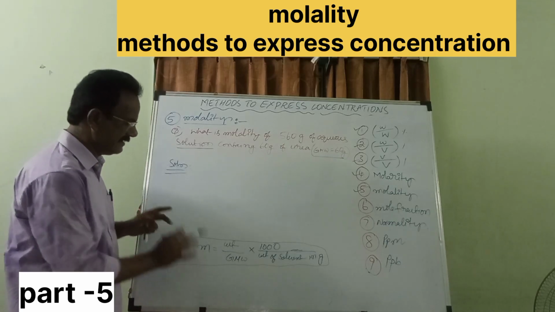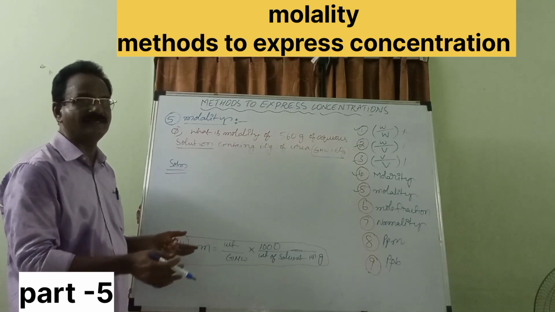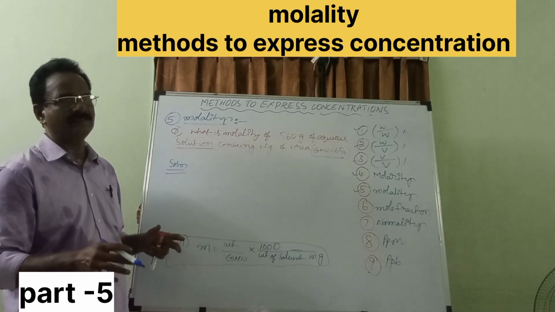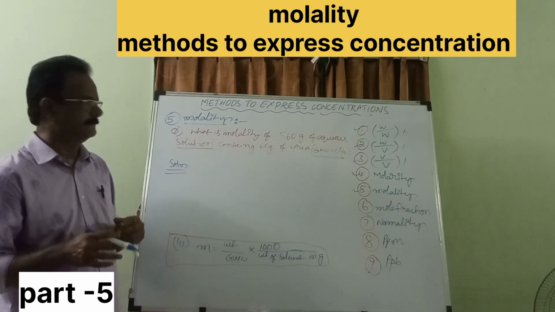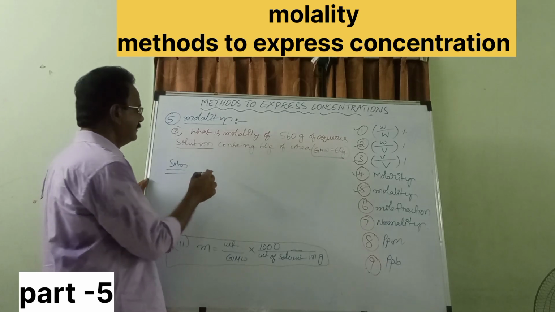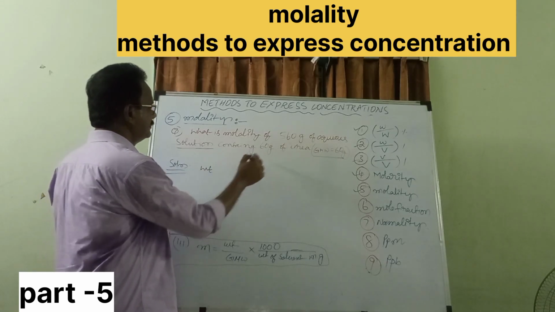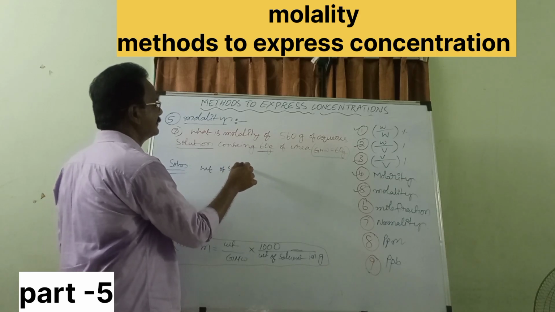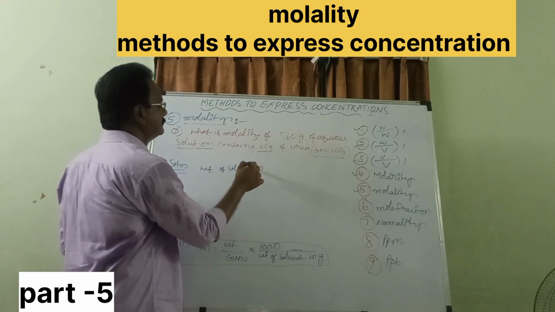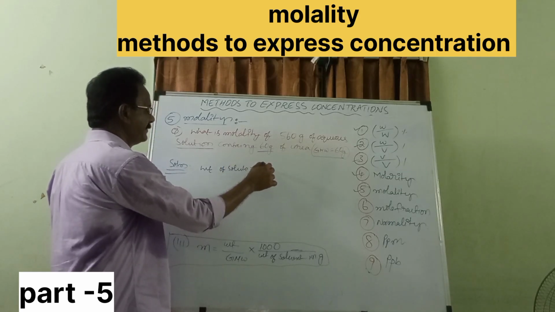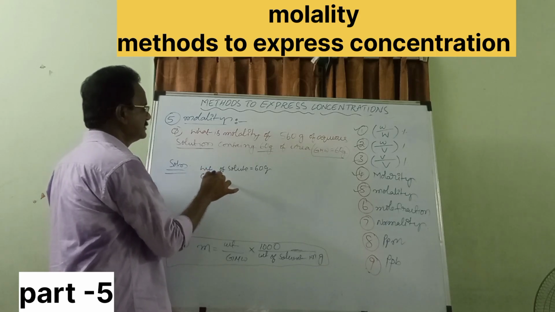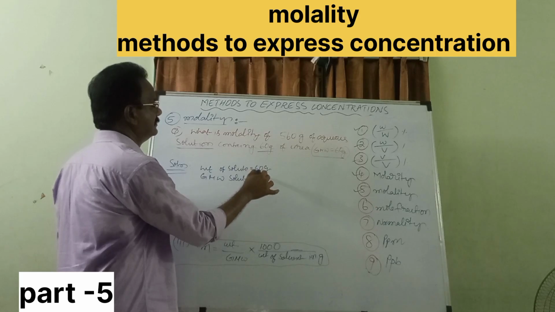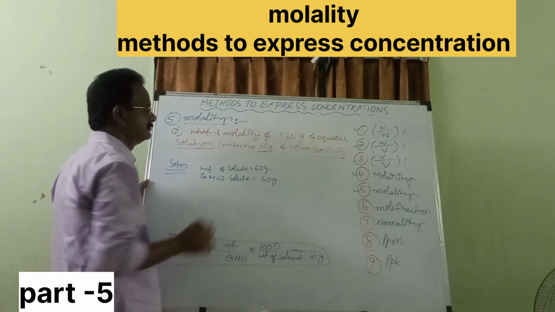The formula is the same for this problem and the previous problem also. Now let us see the data. Here weight of solute is equal to 60 grams. GMW of solute is equal to 60 grams.